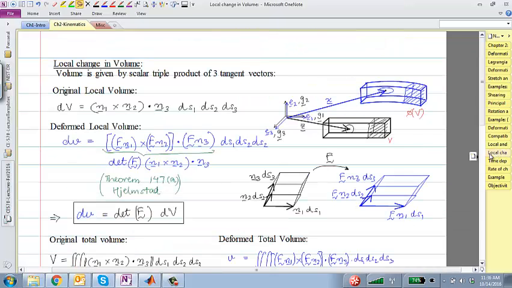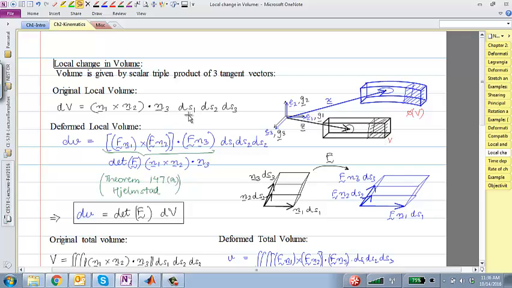Similarly, for volume change, we defined volume using the vector triple product. For an undeformed volume, there are three parameters, which could be z1, z2, z3 directly for a cubic Cartesian volume. You can directly use the coordinates as the parameters.